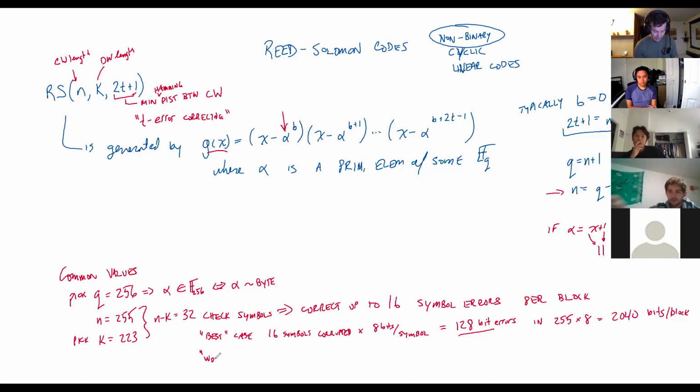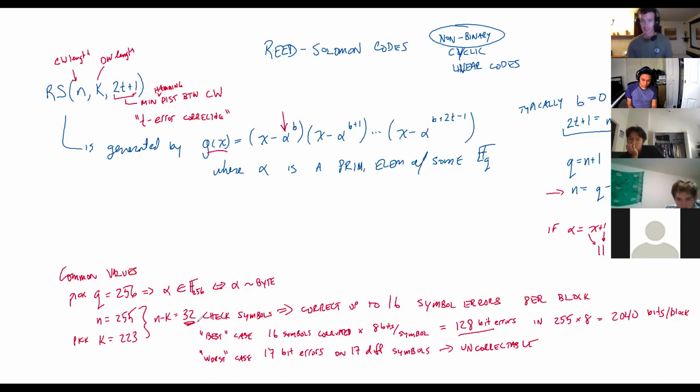So the worst case would be something like 17 bit errors, but those 17 bit errors spread across 17 different symbols. Because you've got 17 symbols in error, this is uncorrectable, because we can only correct up to 16.